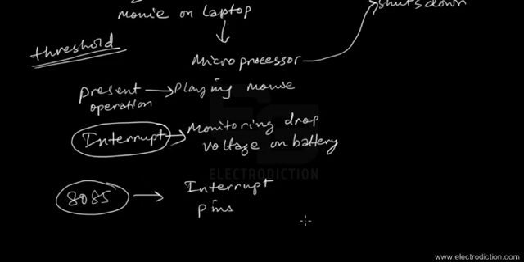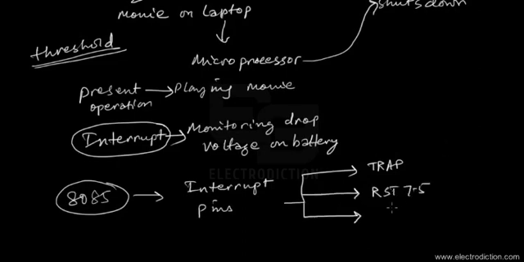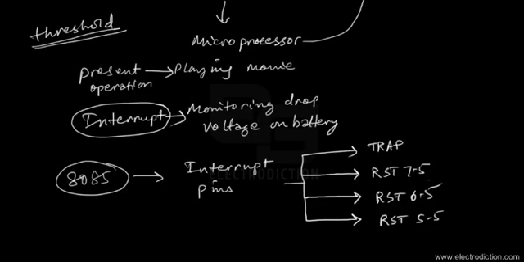I'm just giving you the names of each of the pins. One of them is TRAP, and then next comes RST 7.5, then RST 6.5, going on this way you get RST 5.5, and finally you have another pin known as INTR.